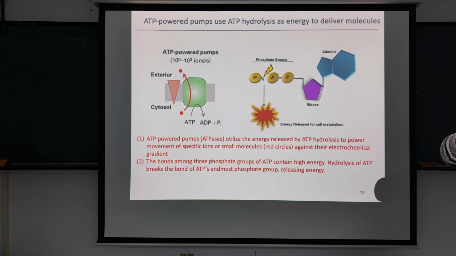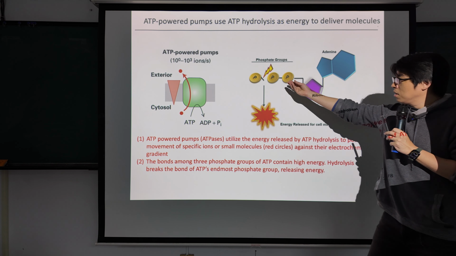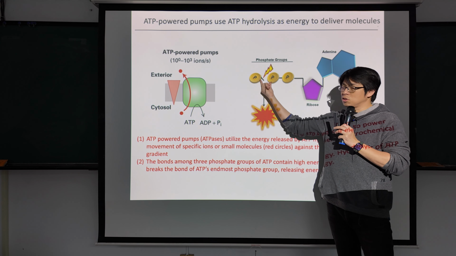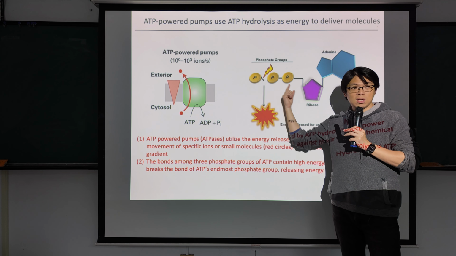If you put three highly negative ions together, you need a lot of force. So there is a lot of energy in this chemical bond. Once you break it down, it can generate a lot of energy.